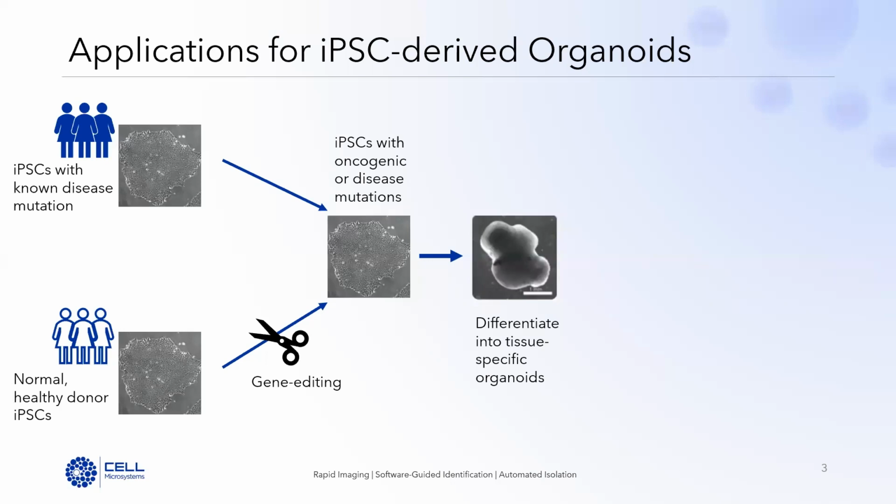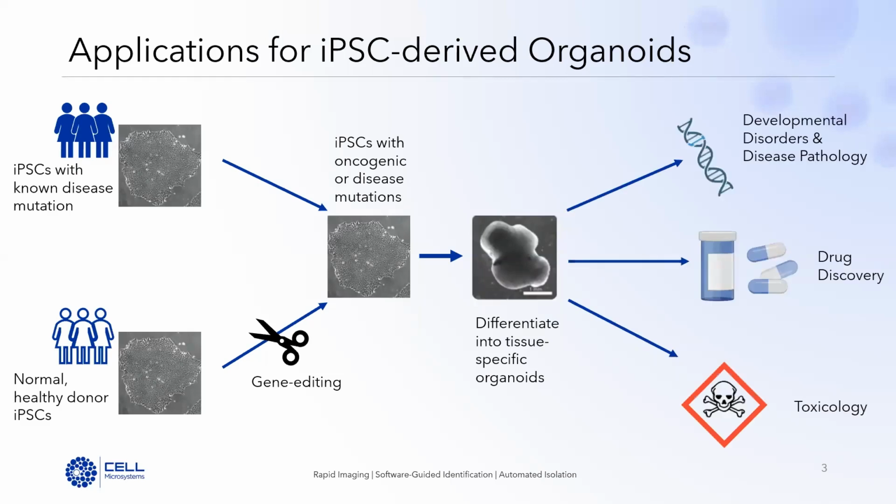These models provide greater physiologic relevance compared to 2D in vitro models or animal models for therapeutic and clinical testing, including understanding developmental disorders as well as disease pathologies. They're very useful in the drug discovery pipelines as well as in clinical research and also in toxicology testing.